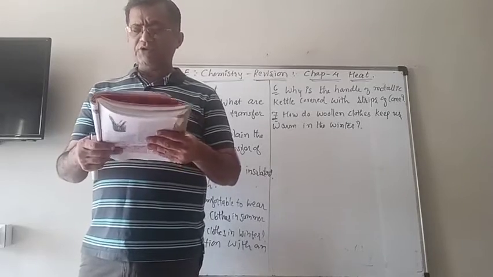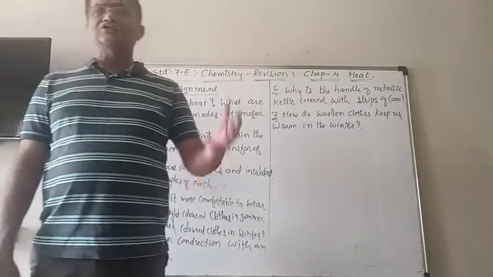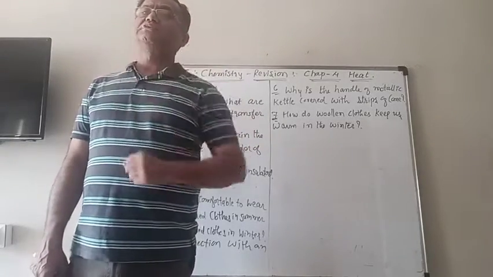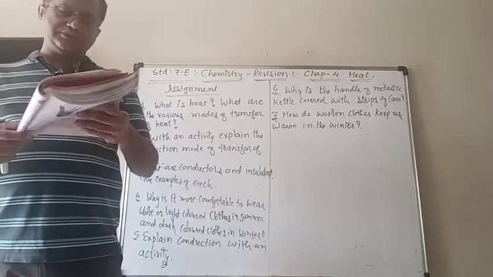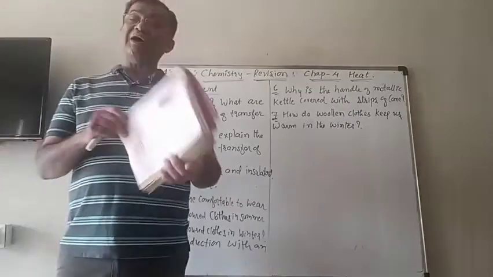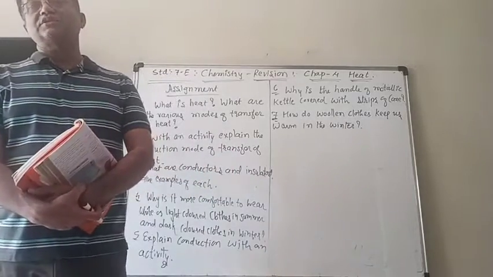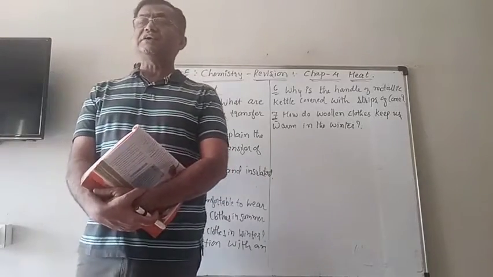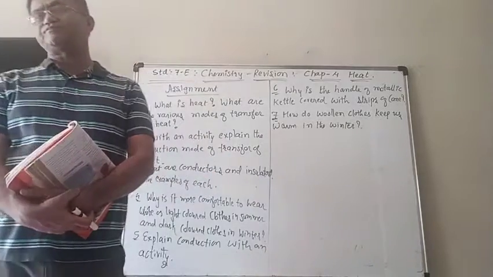If you remove the pan from the fire, what will happen? Gradually it will cool down and become colder. Why does it cool down? Because the heat is transferred again from the pan to the atmosphere.